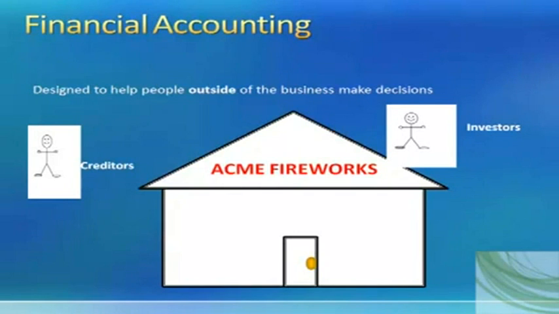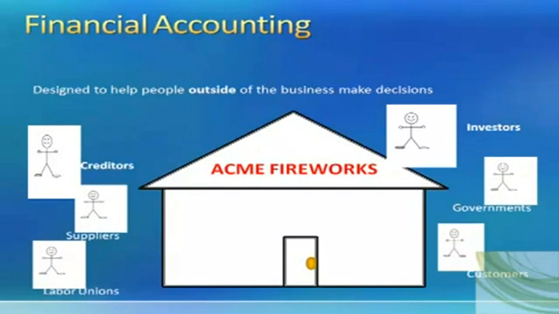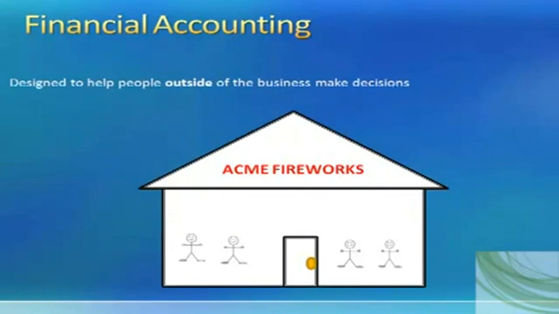Investors are actually owners of the business. Other outside users are governments, customers, suppliers, and labor unions. Although financial accounting is designed to help people outside of the business make decisions, people inside the business use financial accounting as well.